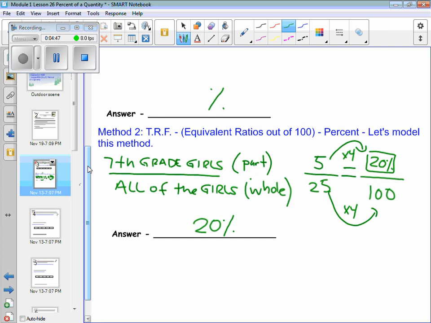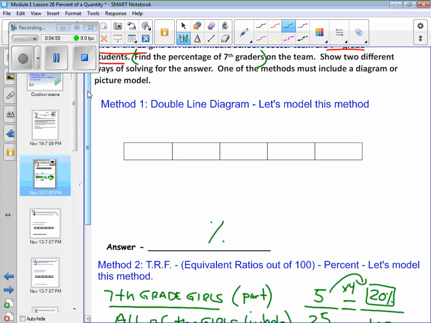I'm going to show it to you as a double line diagram as well, because there are some kids that like to do double line diagrams. Here it is as a double line diagram. My 2 lines are this and this. It doesn't matter whether you call the top line the percentage line or the bottom. I'm going to do it as the bottom. This is going to represent my percent. 0%, which is nothing, to 100% the whole.